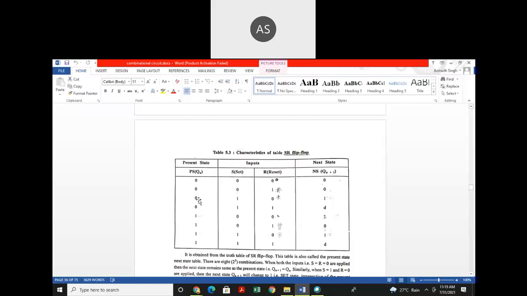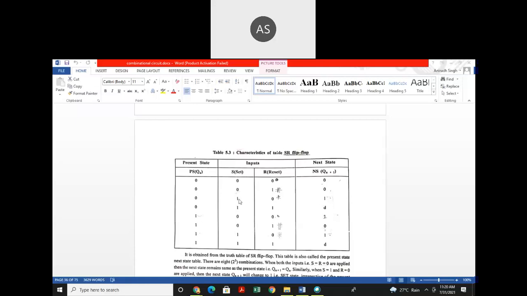When present state is 0, set input is 1, reset input is 0. When set input is 1, it means next state will be 1.